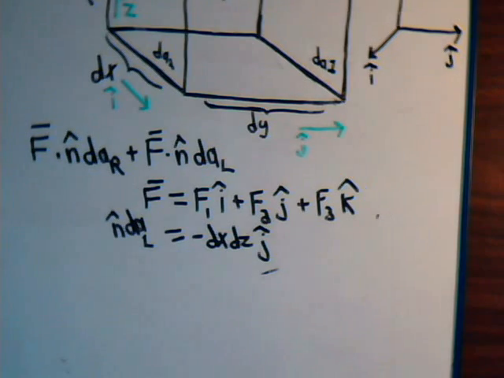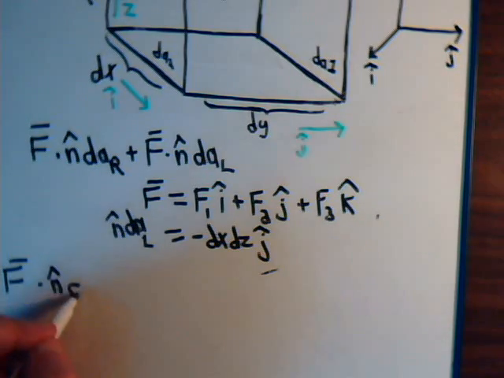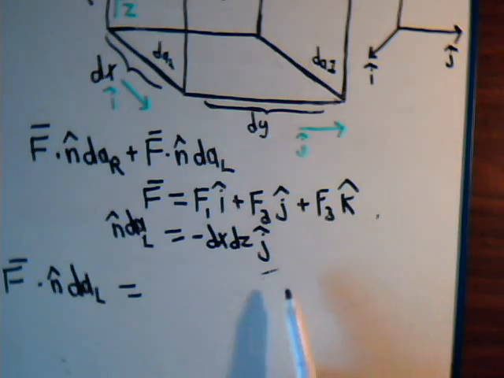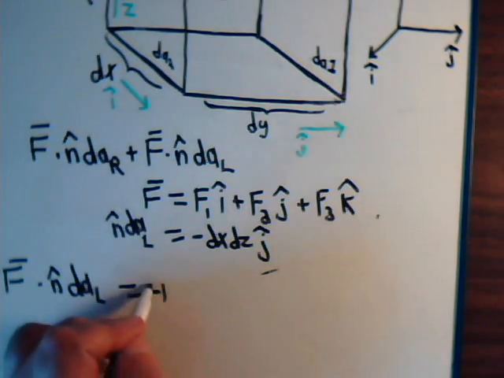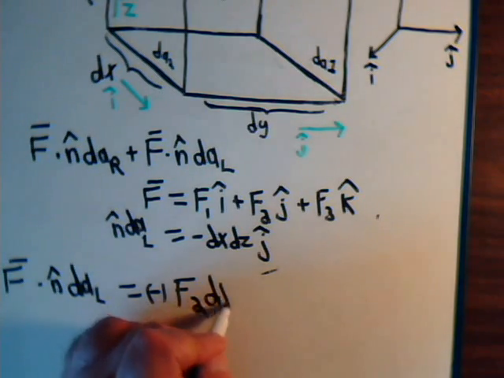And of course we're going to take that dot product, F dot dAl. And again, taking the dot product, that's 0, so we have minus F2 dx dz.